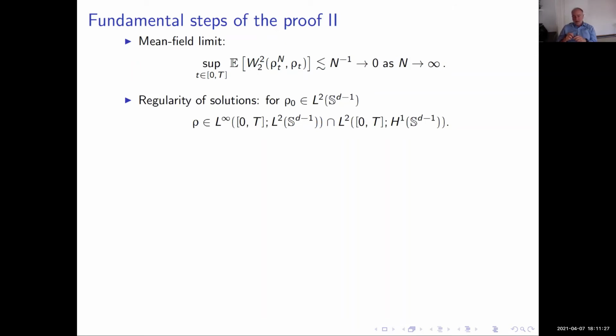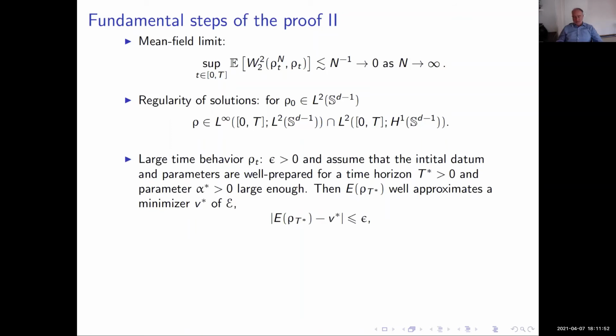Along the line, we will need a little bit more regularity of the solution. So we need that the solution is not only a probability distribution, but actually an L2 function whose L2 norm can be bounded. And we will see where this issue comes into the game. That's another important step of the proof that would allow us then to show the large time behavior of rho t.